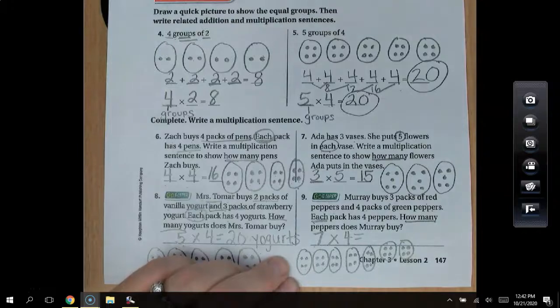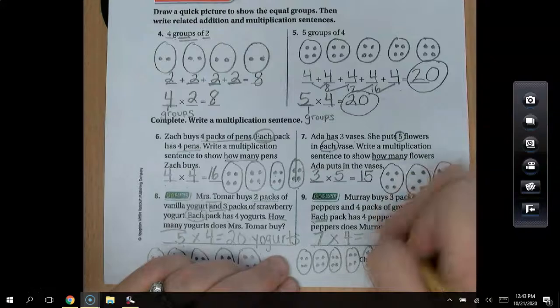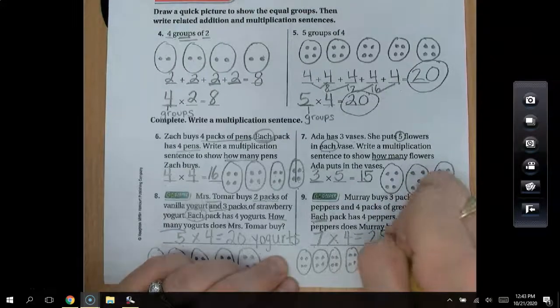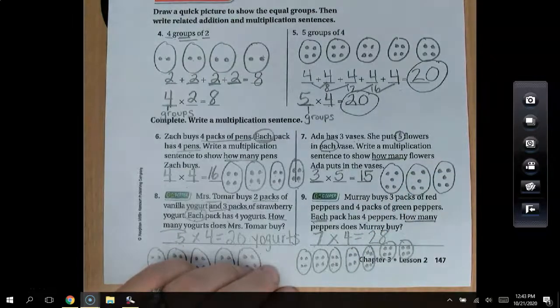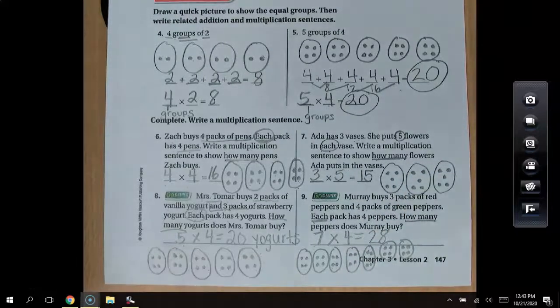Well, I could add 4 7 times, or you could just count your counters. 4, 5, 6, 7, 8, up to 28. 7 times 4 is 28. Great job, boys and girls. Let's go on to page 148.